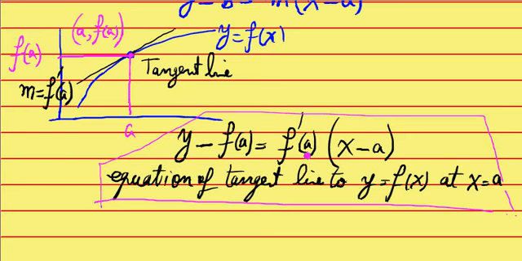Use a different letter to indicate the point at which you are creating the tangent line, that's this point. Differentiate that from x. x is the coordinate of some point on this line. In this equation, x and y are coordinates of some points on this line. a and f of a, this is happening at the point of tangency.